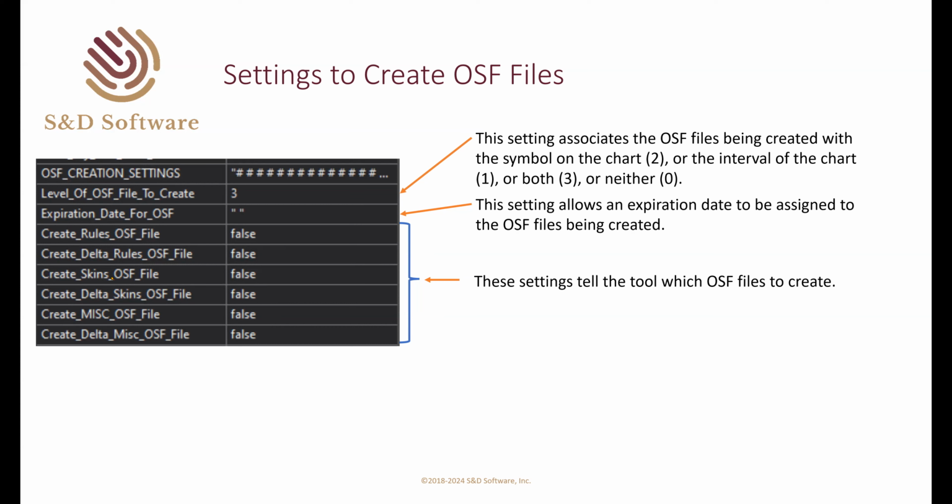And if you wanted to create a skins OSF file, we would set this setting to true here, create skins OSF file. And again, that will create a complete OSF file with the entire table, the entire settings group. And of course, for miscellaneous, it's the same thing, create miscellaneous OSF file. That's going to create a complete OSF file.